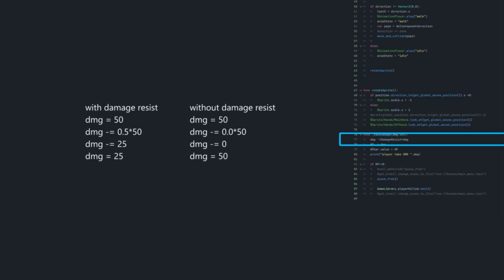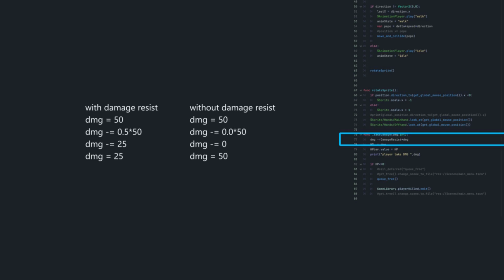Okay, so takes damage, it's basically taking damage. So let's say the damage is 50. Then we subtract it from the HP. If we have damage resistance, for example 50% or 0.5 damage resistance, the damage will be 50 minus 50 times half, so the damage is 25.